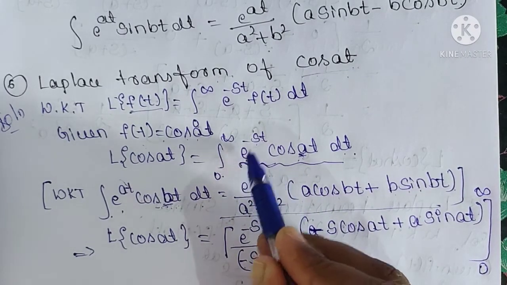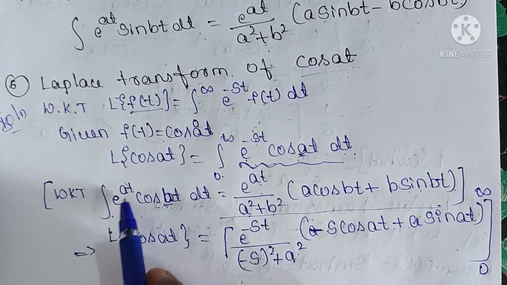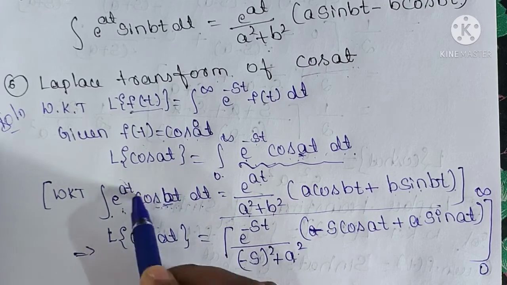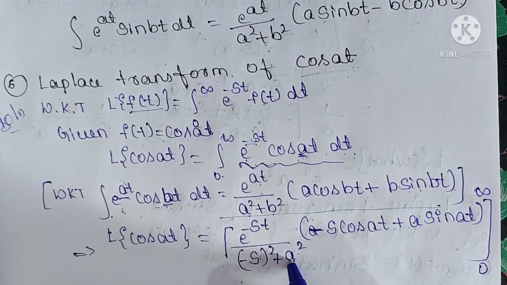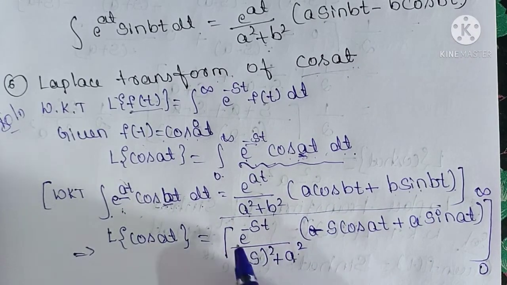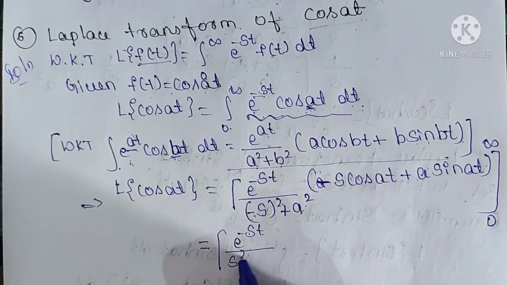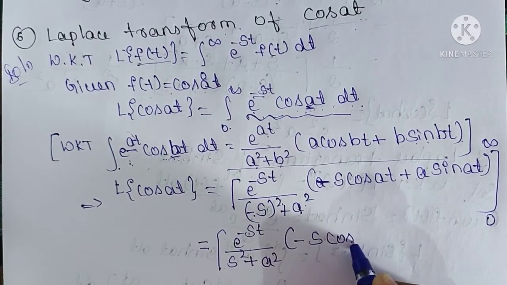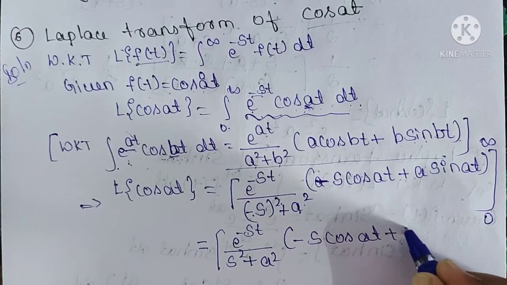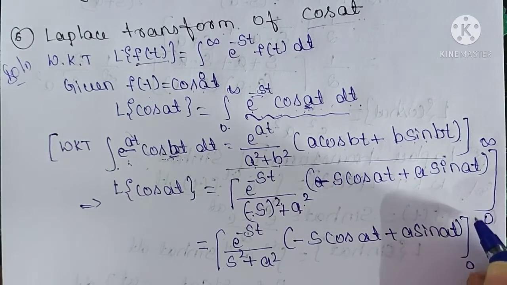This integral term, e power minus st and cos at, is of the form integral of e power at cos bt. The a value is minus s and the b value is a. Substitute here. We'll get e power minus st divided by minus s whole square, which is s square, plus a square, times minus s cos at plus a sin at, with limits 0 to infinity.